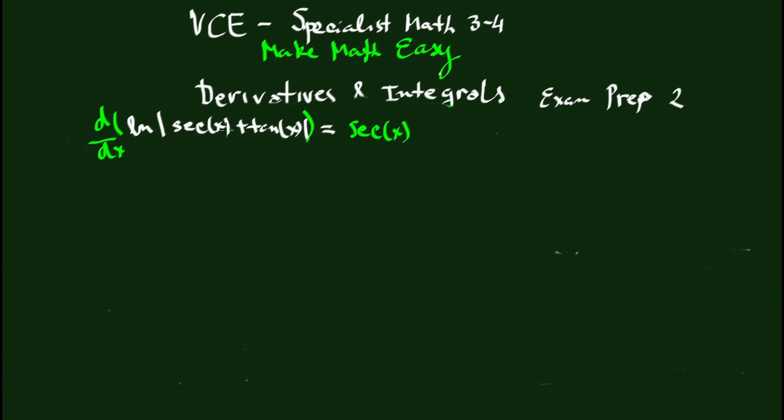So let's do the derivative. So again, the chain rule. The outer function is ln of something. Say that's v, and now embedded into v is u.